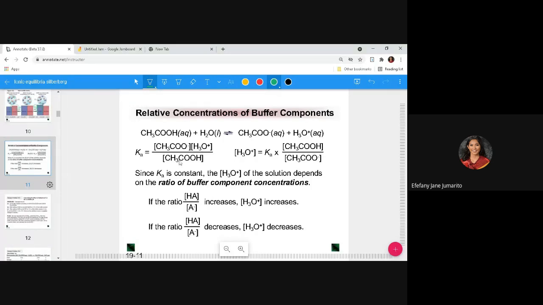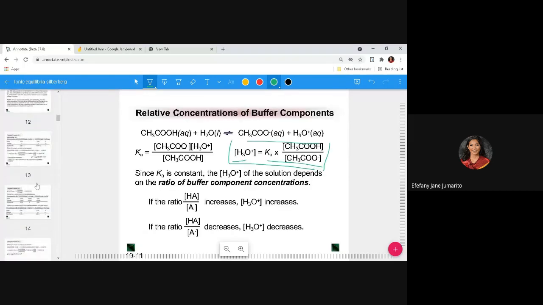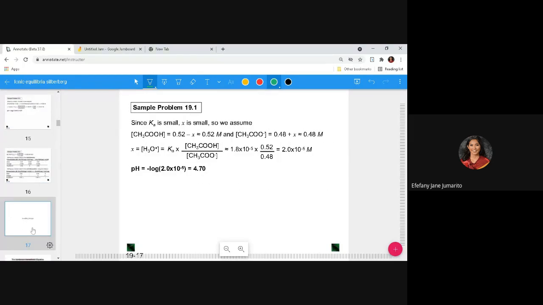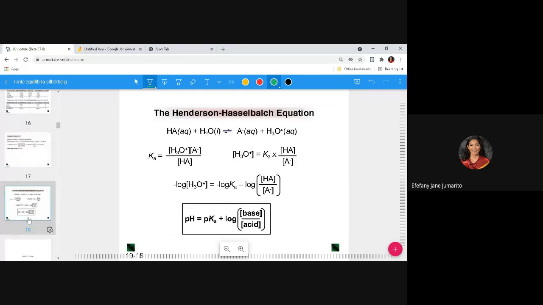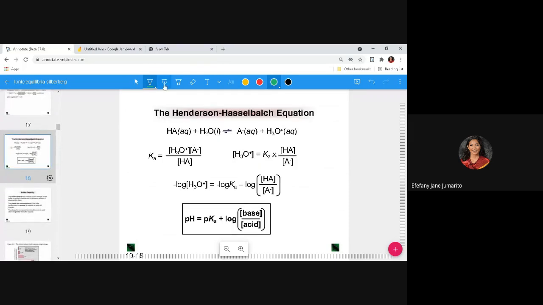Now, how do we calculate Ka? Again, Ka is just product over reactant. Then the pH is just the negative log of your H3O plus. Okay. Now we have that one. So the formula for the buffer is this Henderson-Hasselbalch equation.